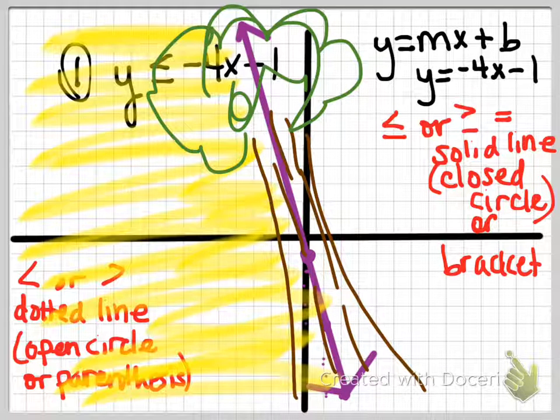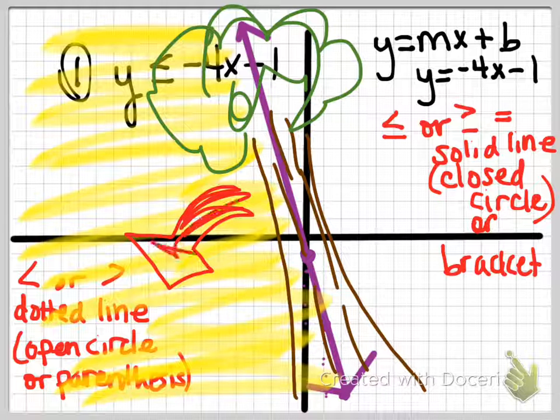Which way will this tree fall? Will it fall to the right or to the left? Clearly, this tree is going to fall to the left. And so that is going to be under or below.